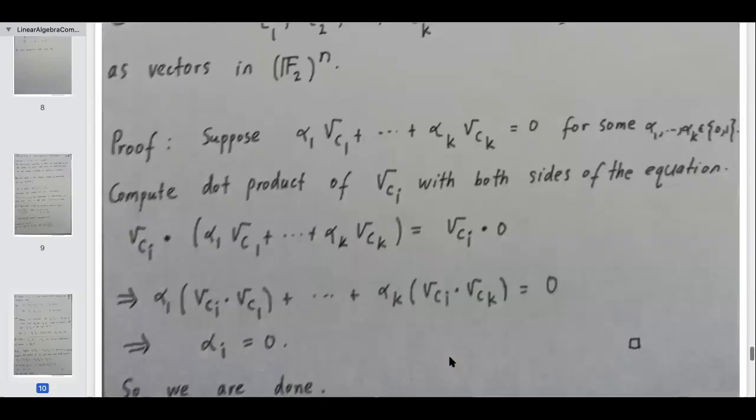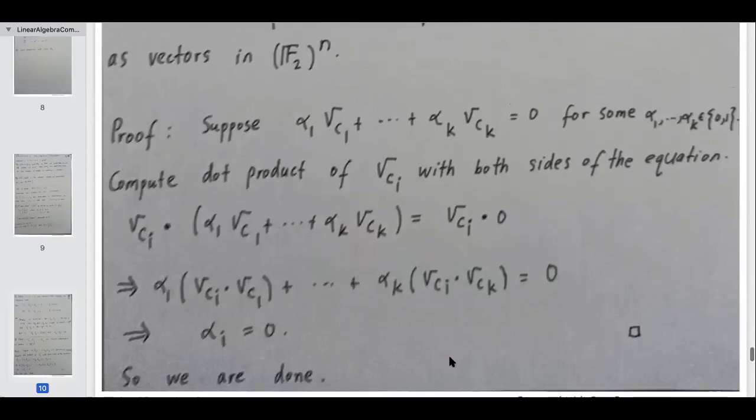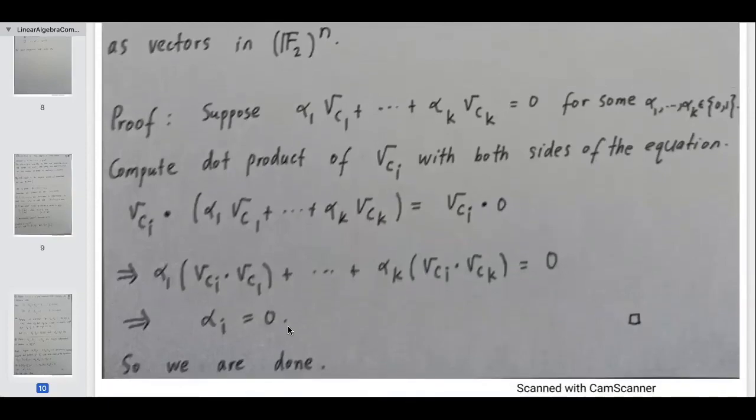Using those two properties, in this equation only one term will remain. Say i was 1, then only vC1 dot vC1 would be 1 and all others would be 0.